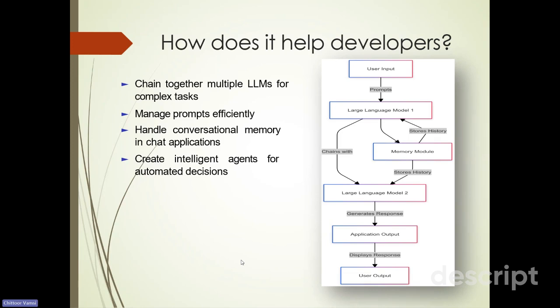How does it help developers? If a tool doesn't help, or if it is very hard to maintain or integrate with other systems, it would be of no use. First, it helps you combine multiple LLMs together for complex tasks. In actual industrial applications, a single LLM won't solve the issue.